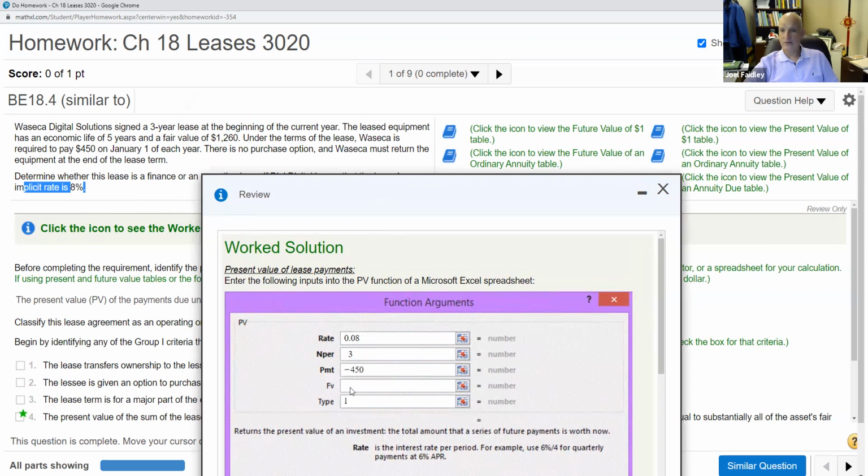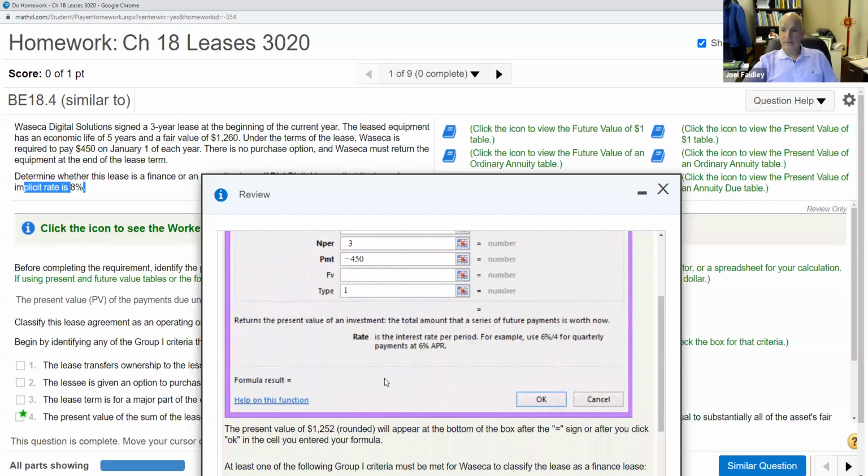And there's no future value there. But then we want to use a 1 for type, because that indicates that this is an annuity due, D-U-E. If it was an ordinary annuity, like what we saw with investment in bonds, that would be an ordinary annuity, and there was no 1 there. It was assumed a 0.